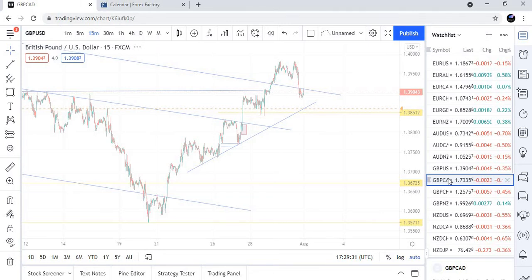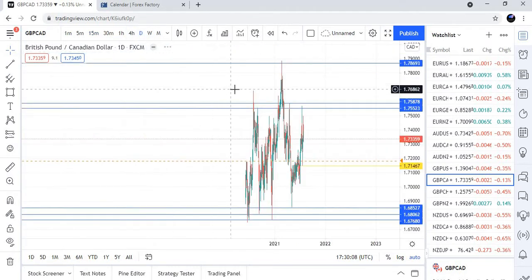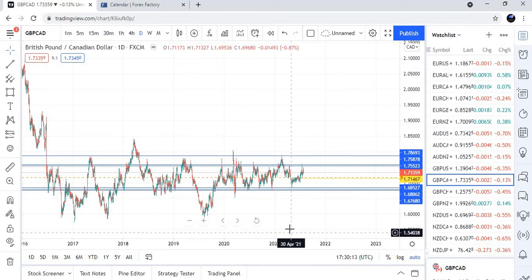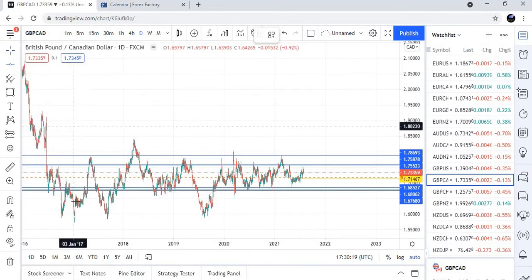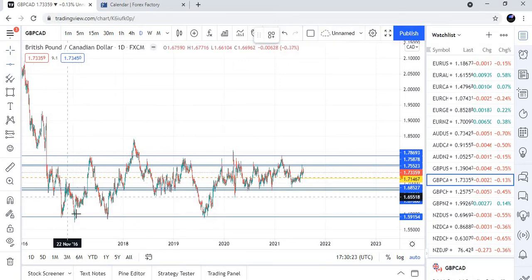So the next pair we're going to be analyzing is the GBP to the Canadian dollar pair. Like I said in the last video of our weekly analysis, we're only going to be trading major support and resistance levels. As you can see, since 2017, it has been respecting some particular levels.